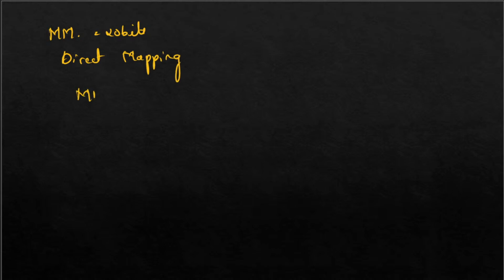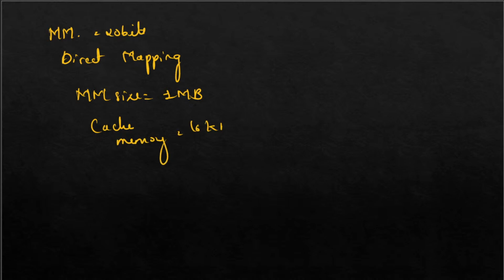So the memory address is 20 bits. Direct mapping is there. After that, main memory size is 1 MB, cache memory is 16 KB, block size is 16 bytes, I guess.